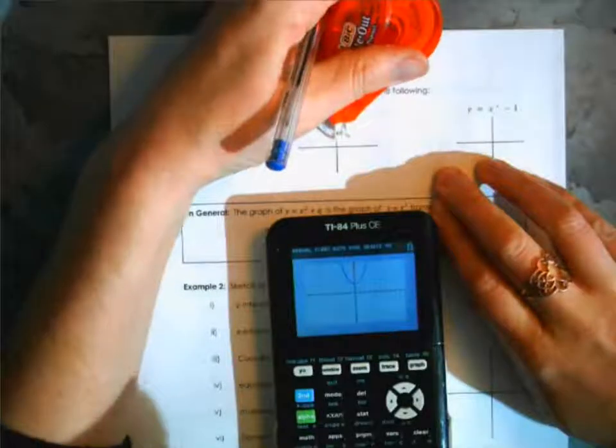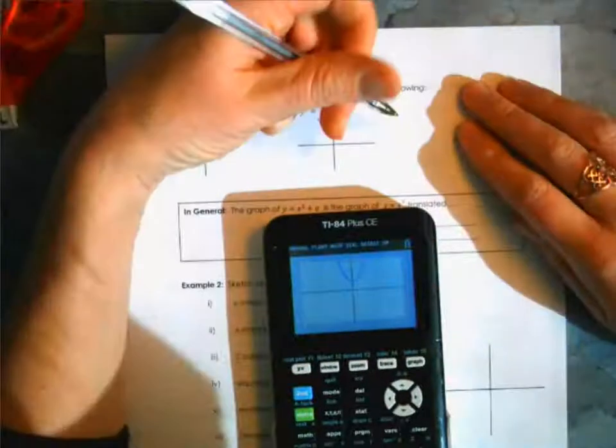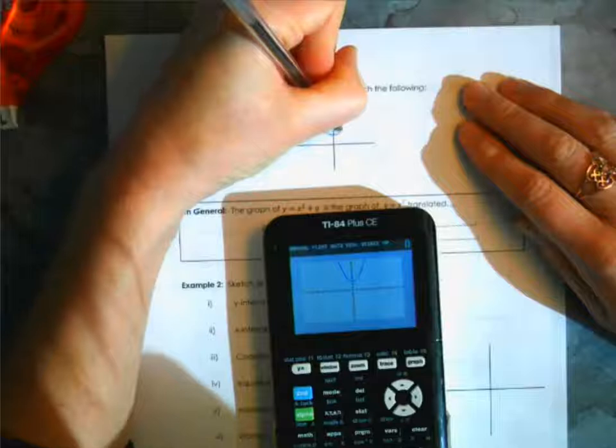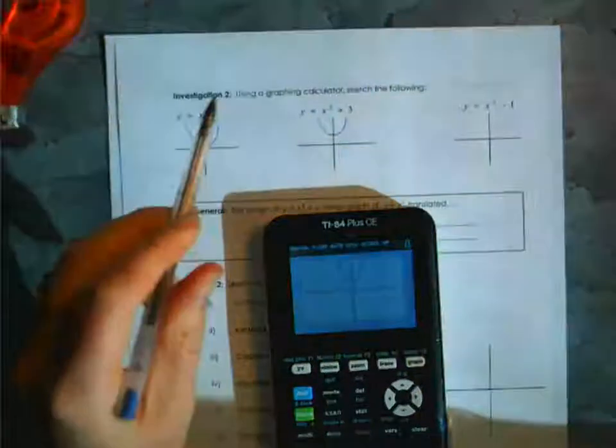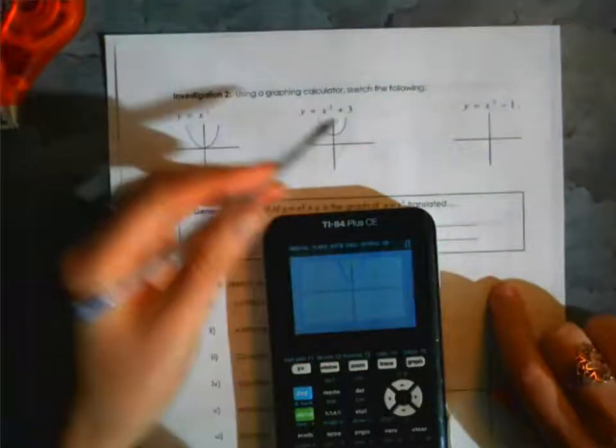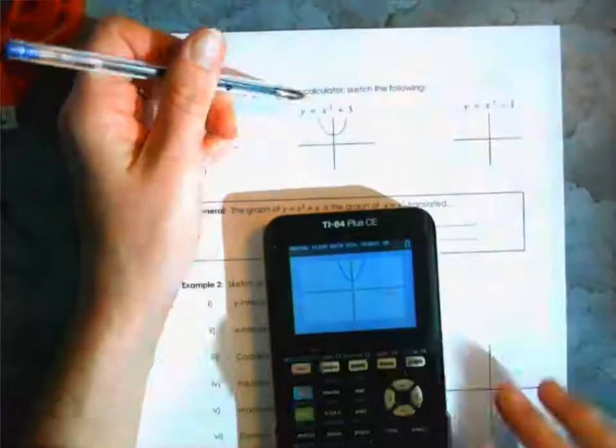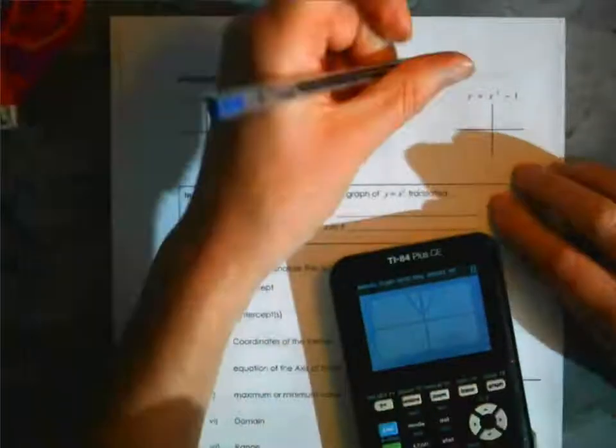Sorry guys, microphone just cut out there. I'm going to try and redraw that a little bit better. There we go. Okay, so we still have the x squared shape, but the whole graph is shifted up a little bit, right?